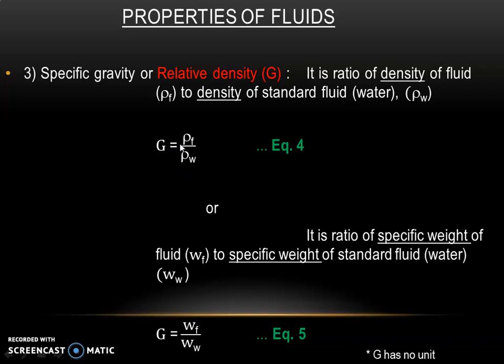As per the definition, since G is the ratio of density to density, or it is the ratio of specific weight to specific weight, it has no unit.